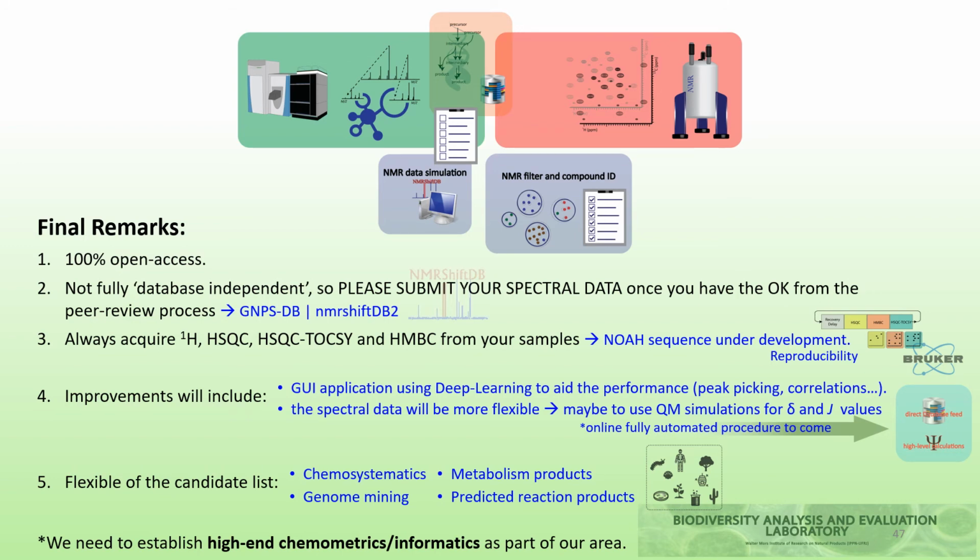This would be a good fit. Finally, the flexibility of the candidate list enables us to foresee the use of this method for different kinds of research, including chemotaxonomic based research, genome mining, metabolism products, and even for predicted reaction products.